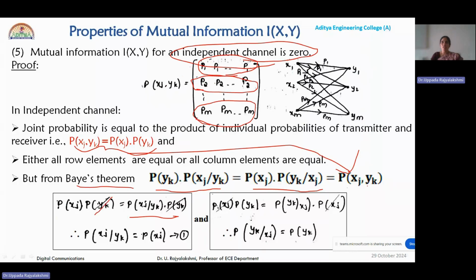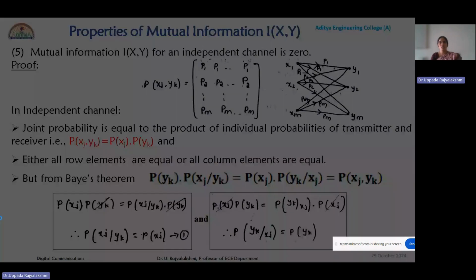Upon substituting this as P of xj into P of yk, in the first term P of yk gets cancelled. Once P of yk is cancelled, P of xj by yk is equal to P of xj. That is, the posterior probability of the transmitter is equal to the prior probability of the transmitter. Similarly, if you take the second term, P of xj gets cancelled. Therefore, the posterior probability of the receiver and the prior probability of the receiver are equal. Let us consider this as equation 2.